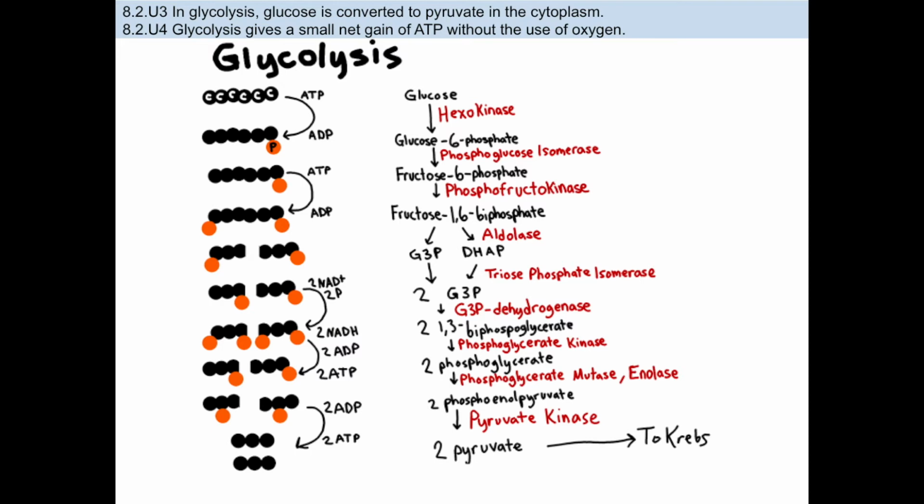How many pyruvates? 2 pyruvate molecules. And you also produce 2 net ATP. And then you also produce NADHs right here. So 2 NADH, 2 ATP, 2 pyruvate.